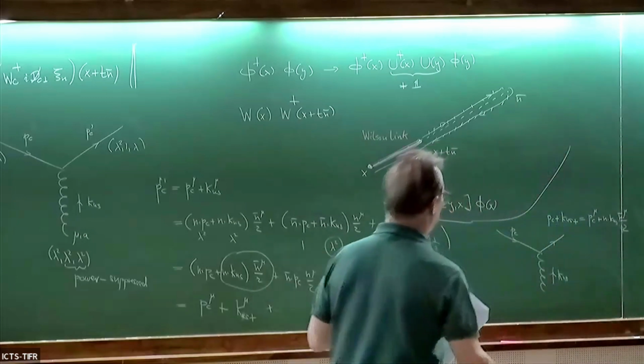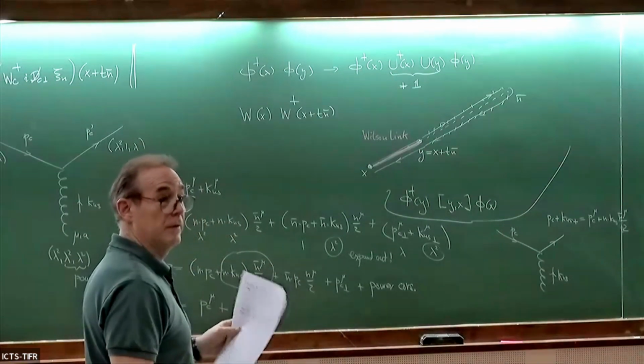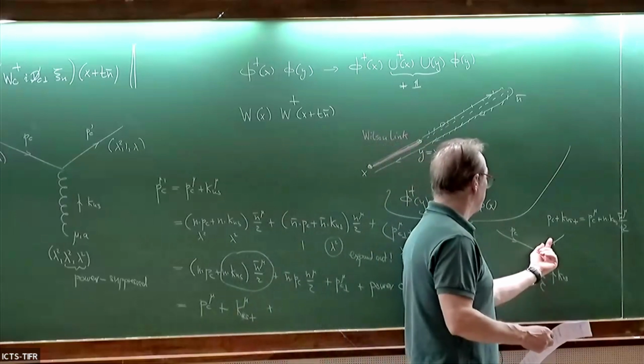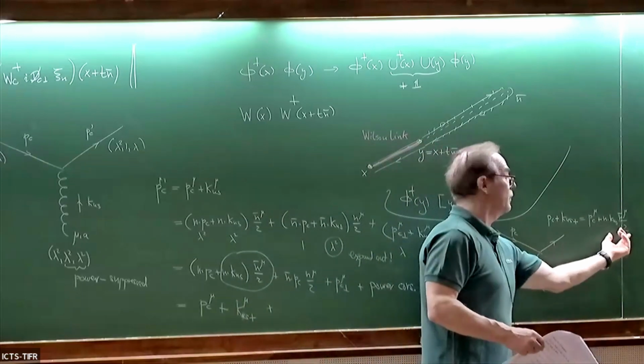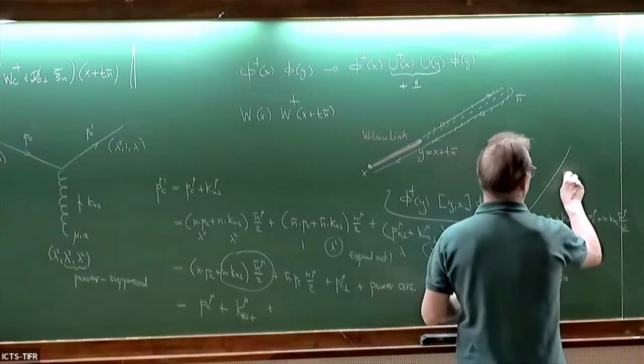So this is the Feynman rule, which in particular means momentum is not conserved in this vertex. I have a momentum coming in here, I have a momentum coming in here, but what goes out is only a piece of that momentum. So momentum is not conserved.